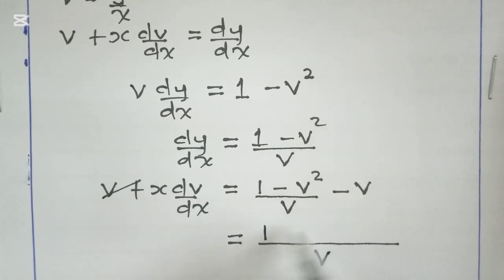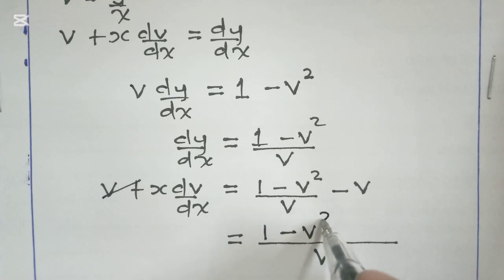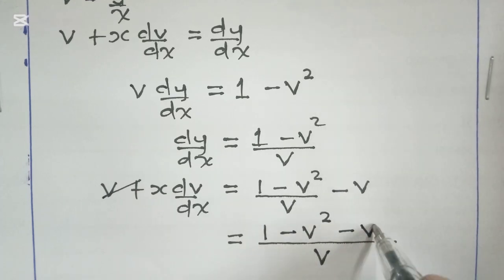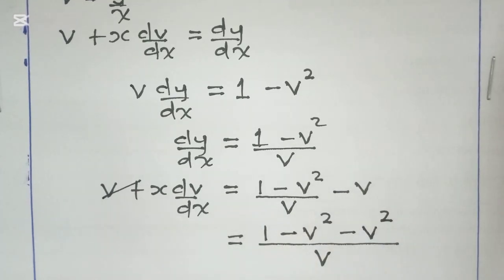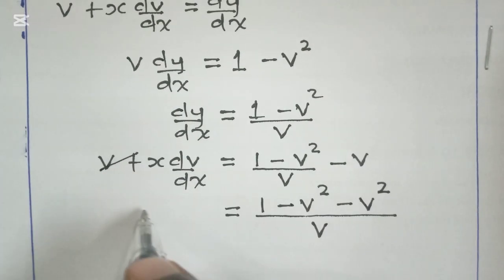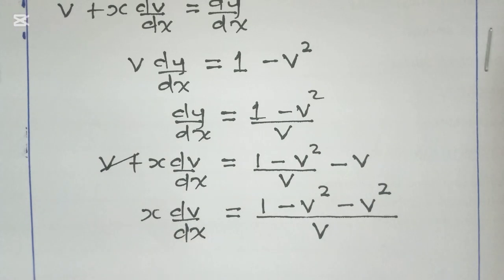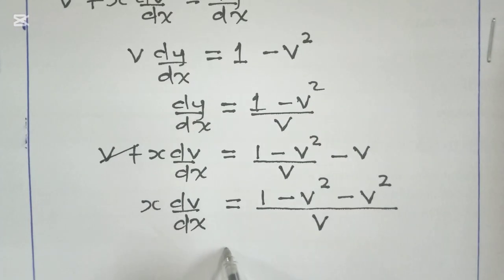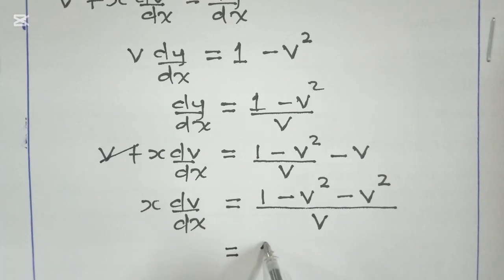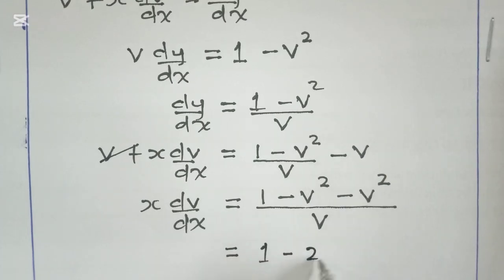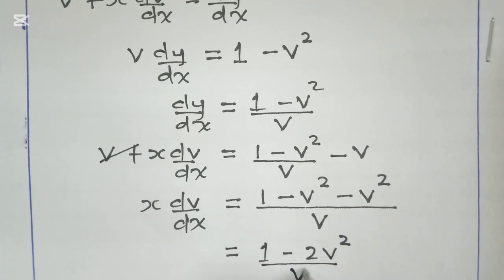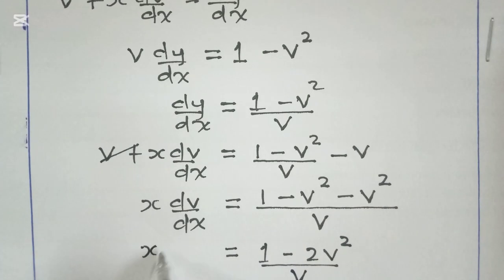So you shall have 1 minus v squared minus v squared once again, and this is x dv all over dx. So we shall have here 1 minus 2v squared all over v, and then here we have x dv over dx.